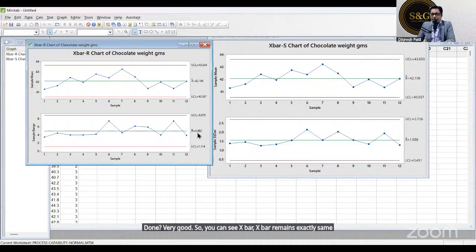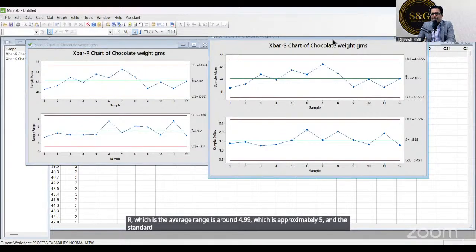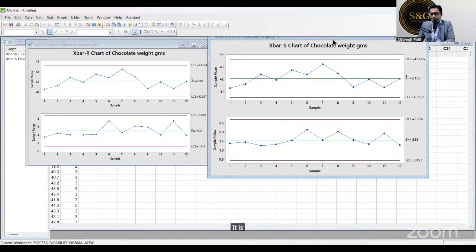Instead of R, the average range is around 4.99, which is approximately 5, and the standard deviation is 1.588, which is the average standard deviation.